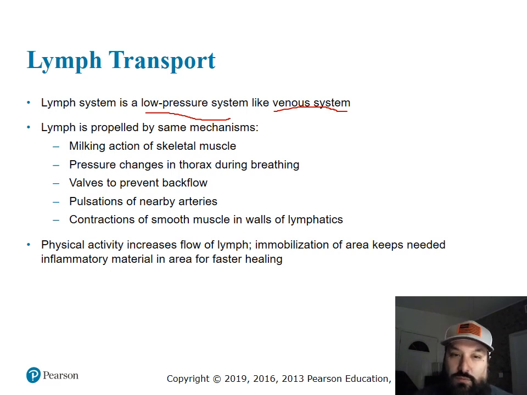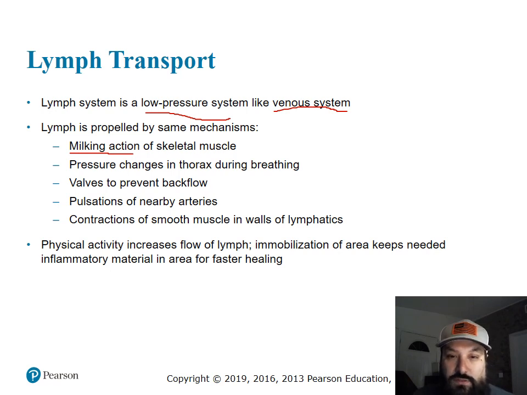And so we see what we call milking action, right? Milking action, okay? This milking action is actually the skeletal muscles pushing against the wall of the lymphatic vessel, causing this fluid to go back up, right?